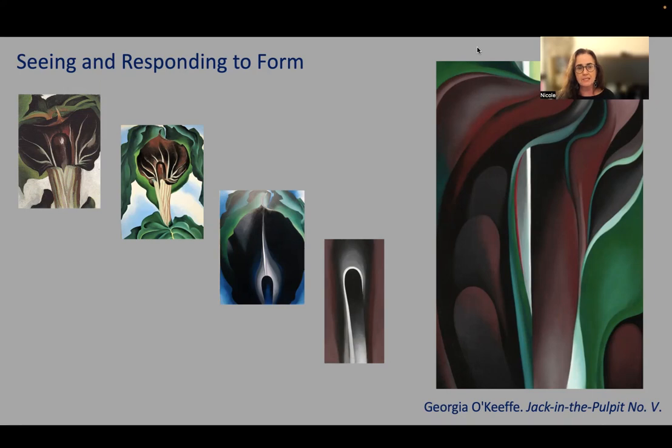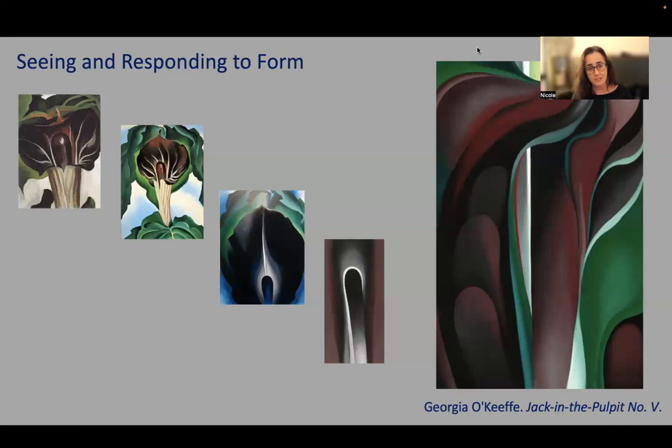Each painting in the series, as we noticed from the upper left to the bottom right of that diagonal series of smaller images, zooms in closer and closer to the center of the flower. And in doing so, it becomes more and more abstract. In the 4th one, the one at the bottom right before we get to the larger Jack in the Pulpit 5, that individual plant form has reached such a degree of abstraction that it's really difficult to identify it at all.